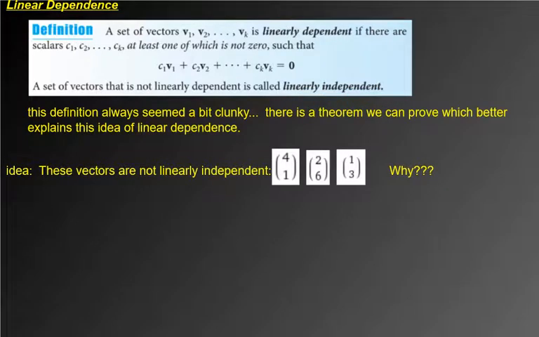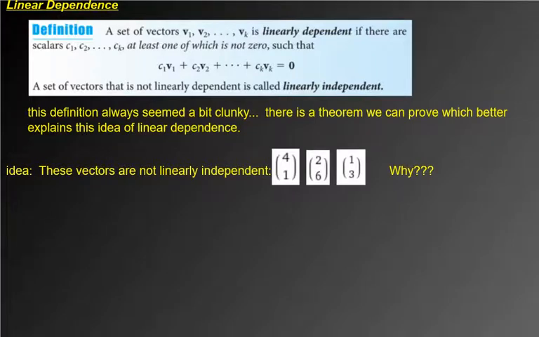And this is a notion that's going to keep showing up really all year. You're going to get very familiar with this definition, and it's linked to a lot of other really important results. There's going to be a lot of theorems that start off this year where it says, given a set of n linearly dependent vectors, or maybe it'll be said n linearly independent vectors, so and so happens.